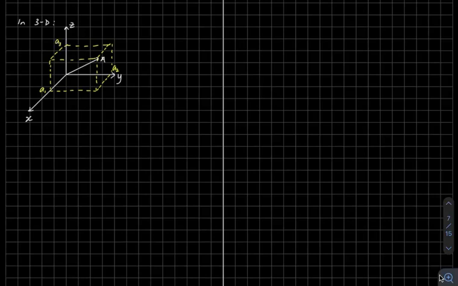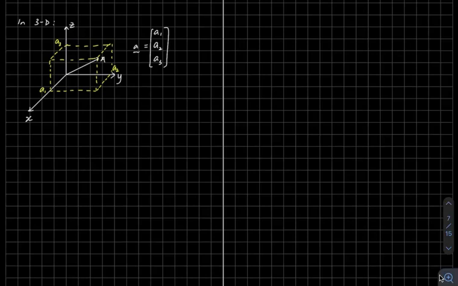So in other words, we're saying that the vector A has components of a1 in the x direction, a2 in the y direction, and a3 in the z direction.